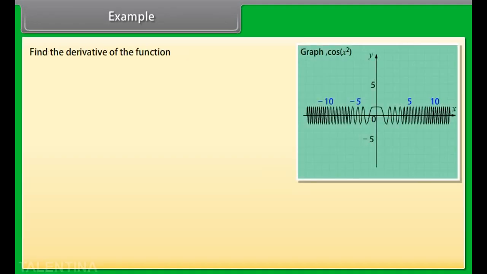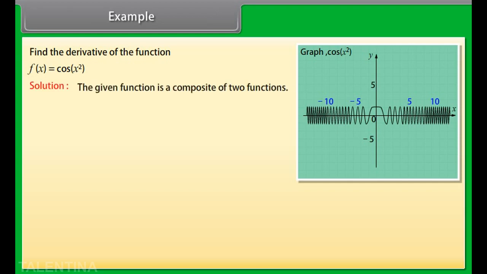Example: find the derivative of the function f of x is equal to cos of x square. Solution: the given function is a composite of two functions. Let t is equal to x square and v of t is equal to cos t.